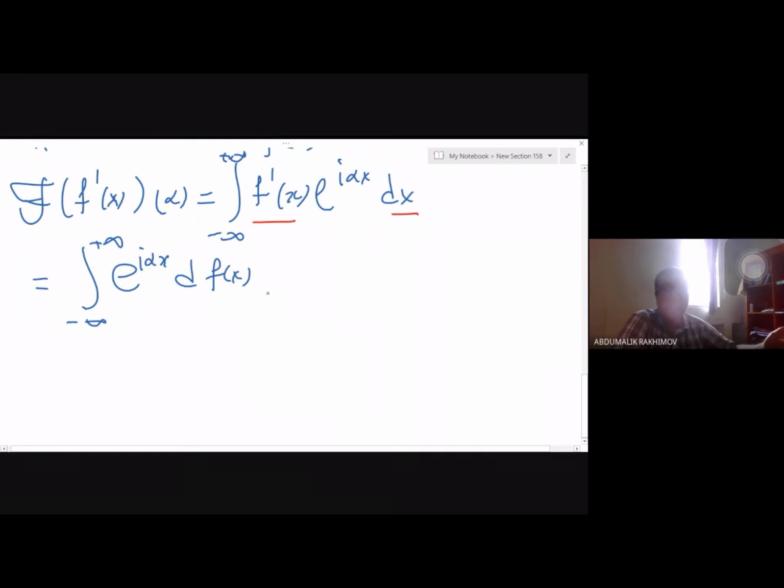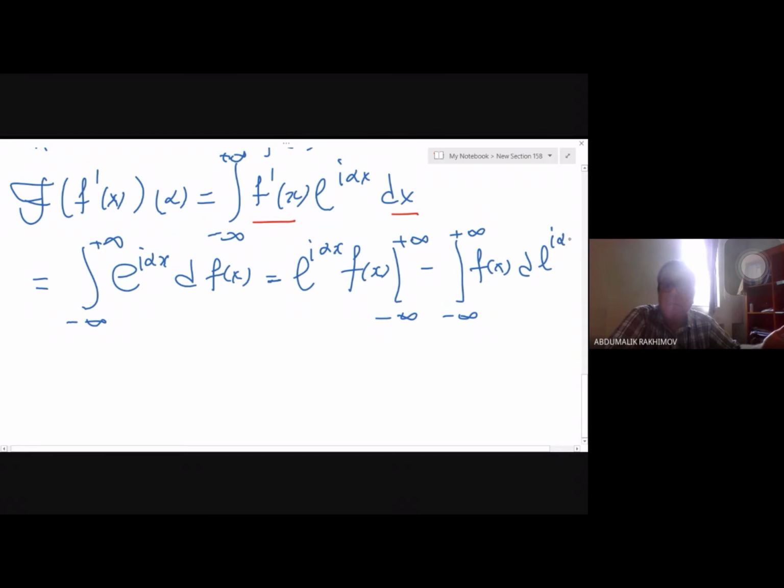So now this integral is ready for application of integration by parts, right? If I write the formula for integration by parts, it looks like this: exponential iota alpha x times f(x) from minus infinity to plus infinity, minus the integral from minus infinity to plus infinity of f(x) times the differential of this exponential iota alpha x.